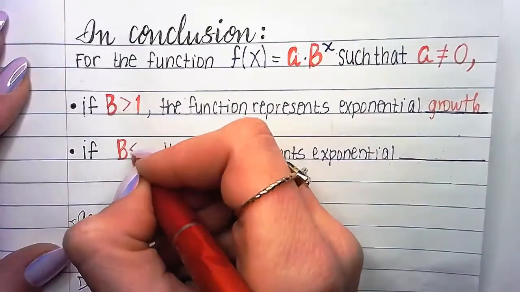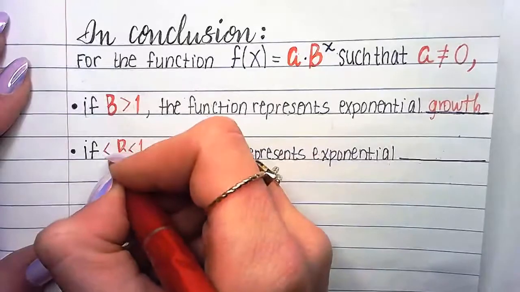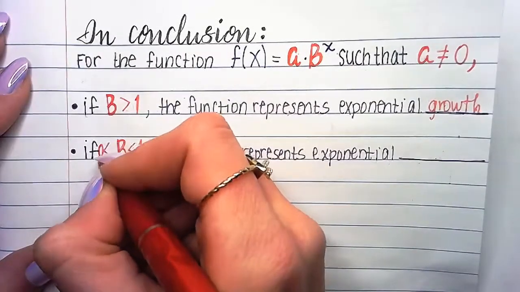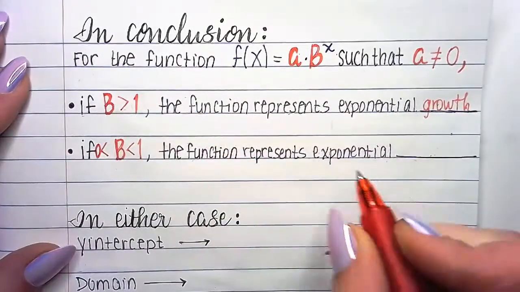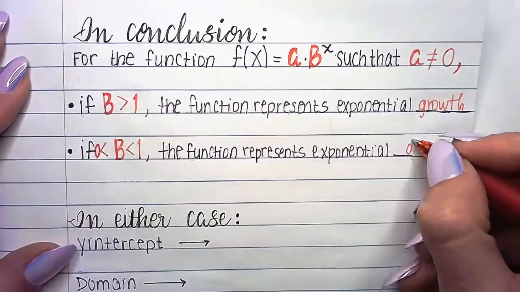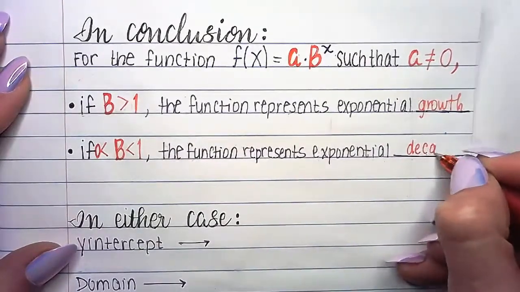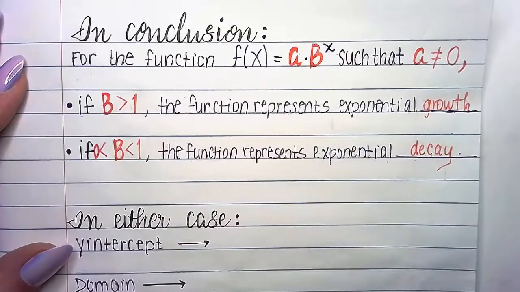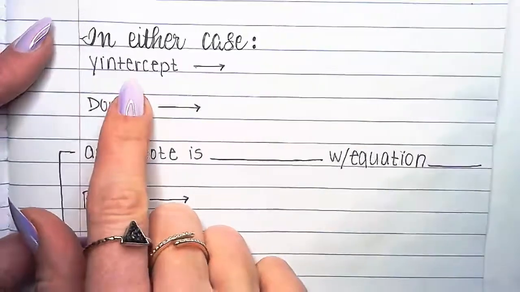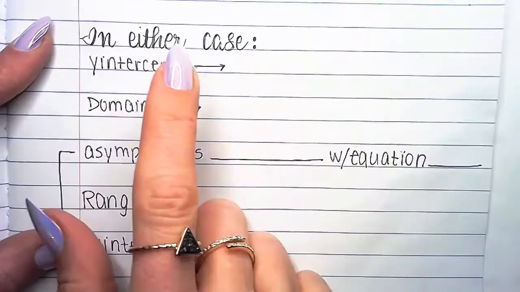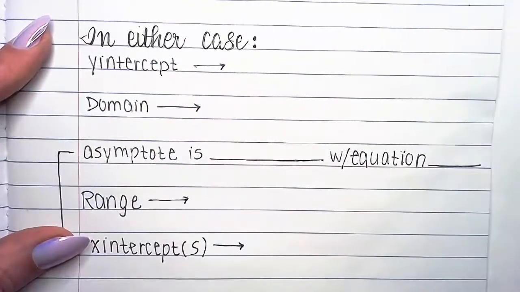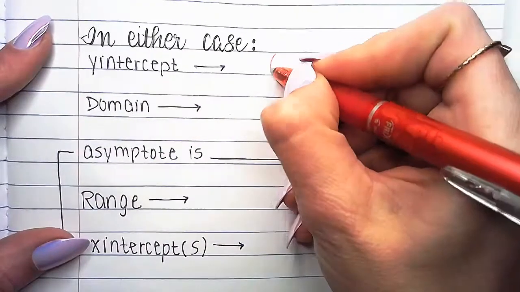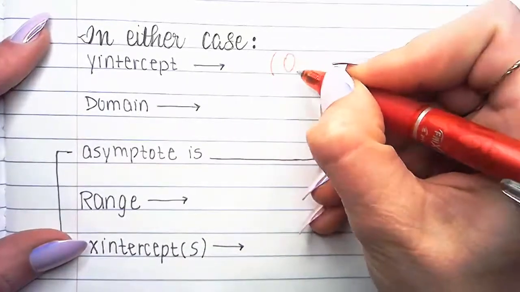If b is less than 1, but greater than 0, the function represents exponential decay. In either case, where is the y-intercept located, whether it's growth or decay? The y-intercept is always located at 0, comma, a.